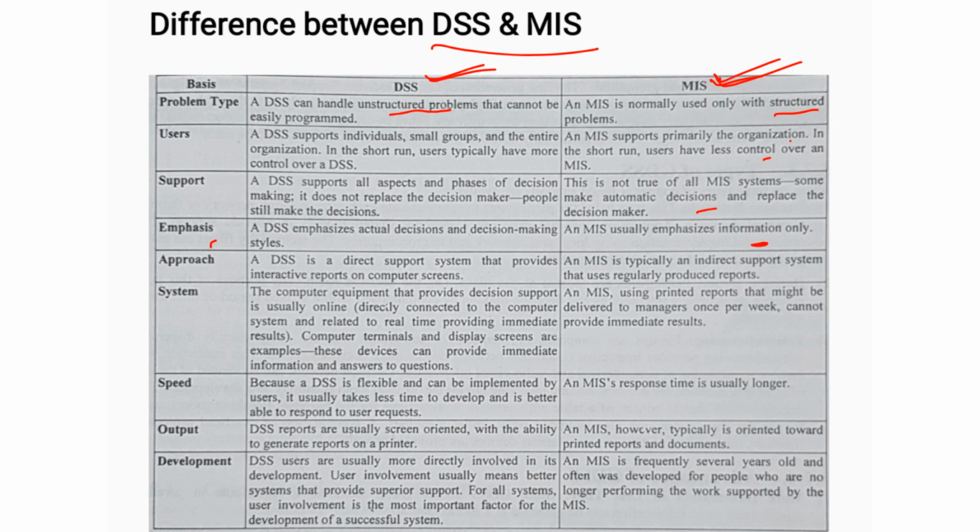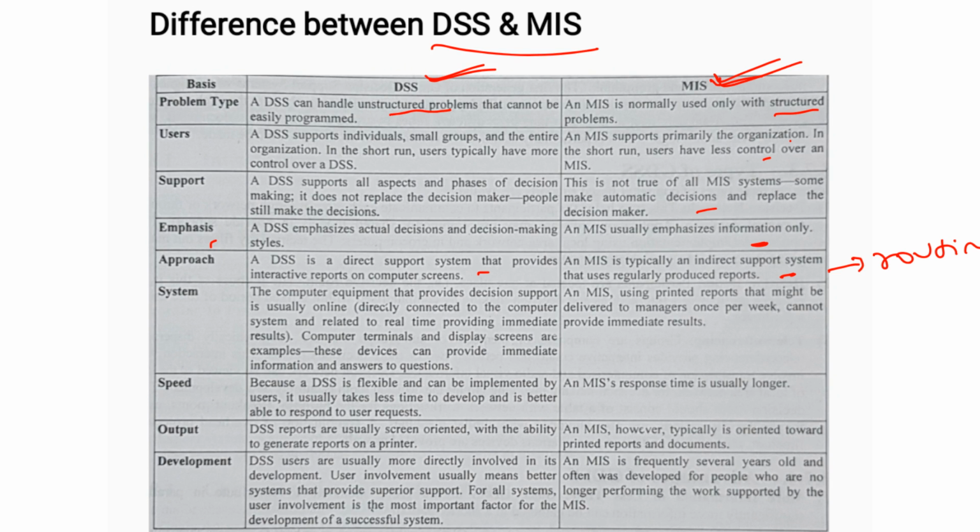Approach: a DSS provides interactive reports on computer screens. MIS is typically an indirect support system where users regularly produce reports. So this one will produce routine reports, for example every month a sales report like that. Whereas DSS is situation specific.